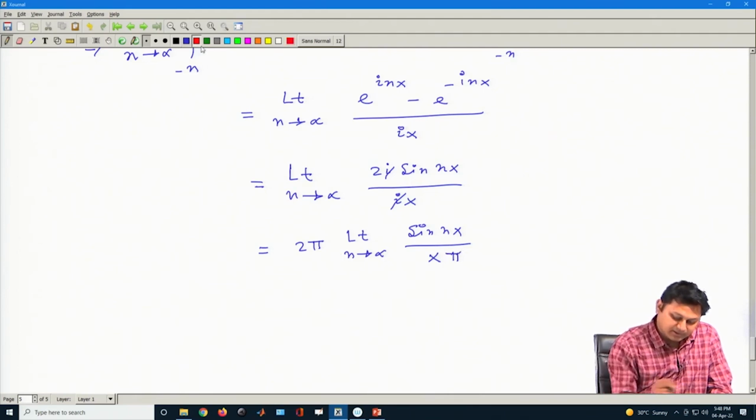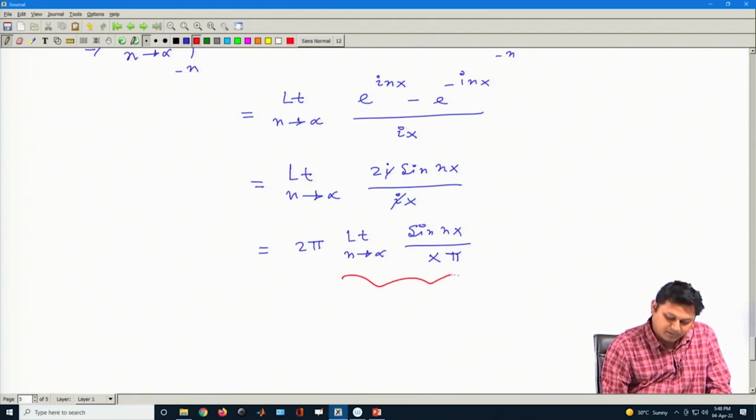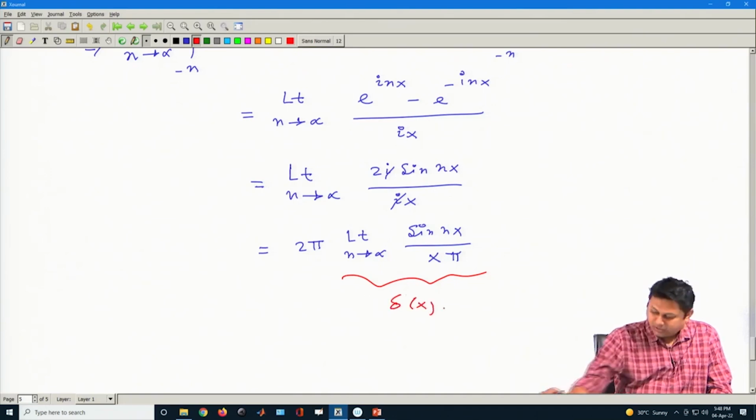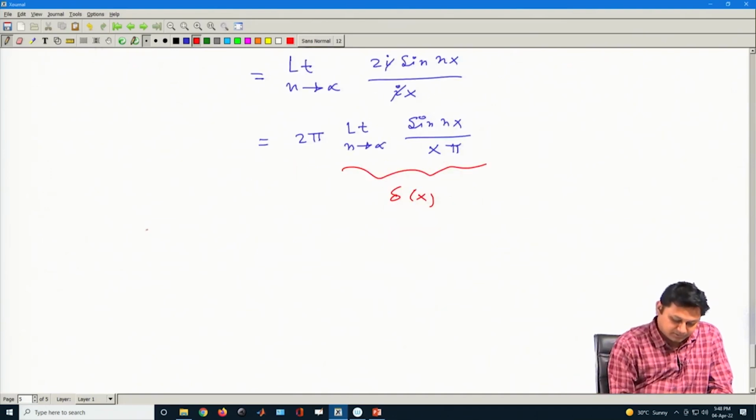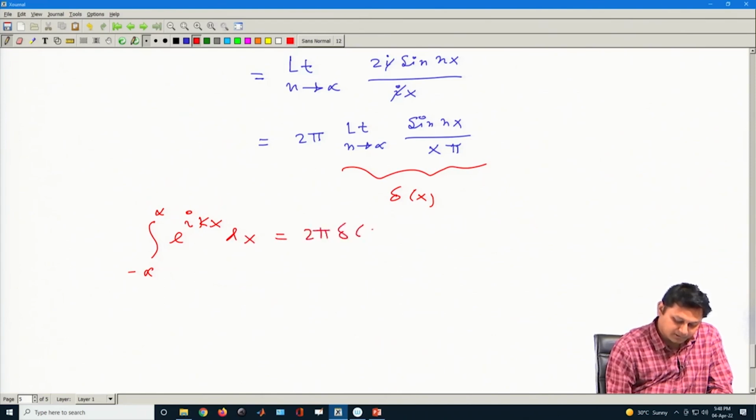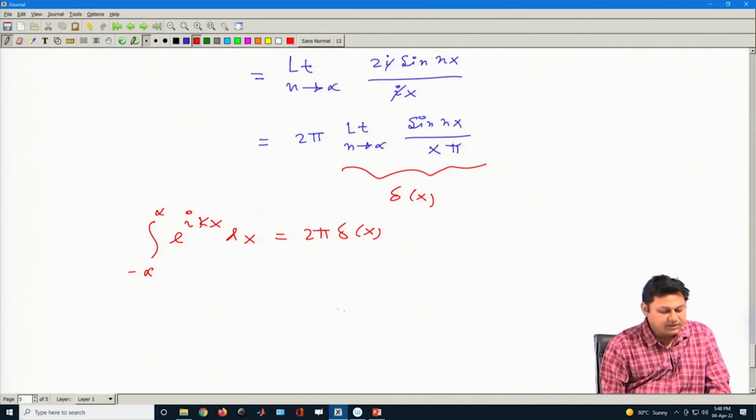So, you can see that this quantity is nothing but my delta function of x. So, eventually I get the integral from minus infinity to infinity of e to the power of ikx dx equal to 2 pi times delta(x). This is a very important result.